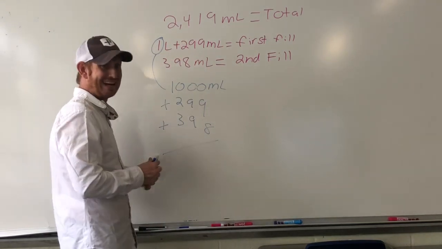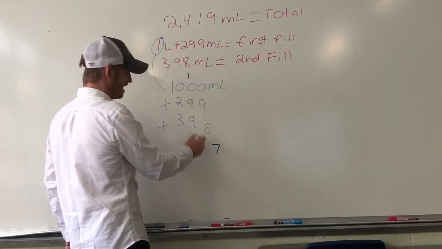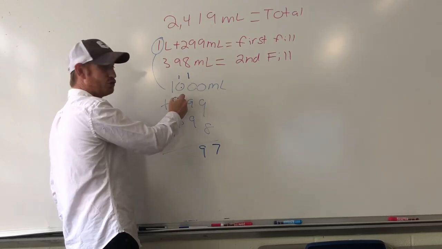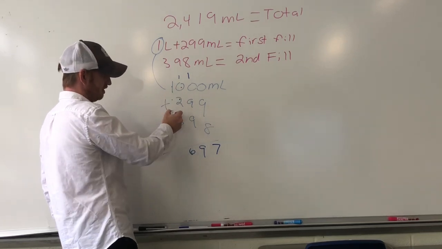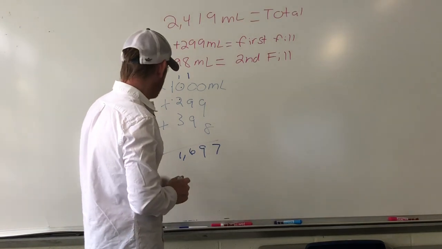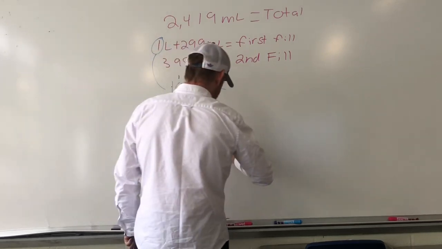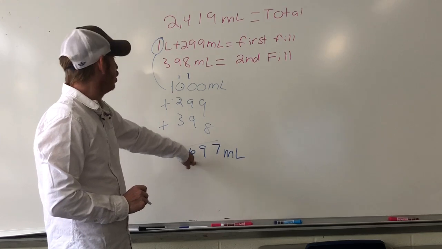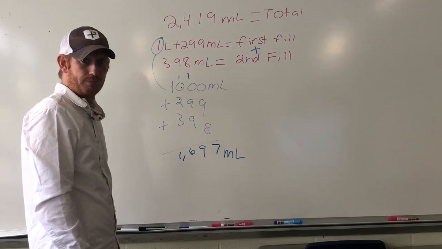Zero plus 9 plus 8 is 17. 1 plus 9 is 10, plus 9 is 19. 1 plus 0 is 1, plus 2 is 3, plus 3 is 6. 1 plus 0 plus 0, 1. So that leaves us with 1,697 milliliters as how much water was put into our vase on our first and second fill.